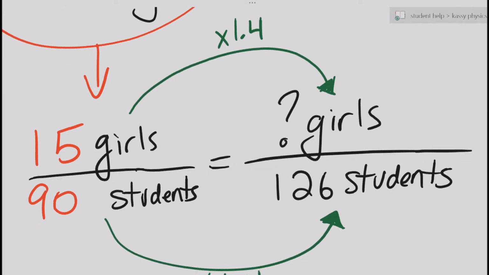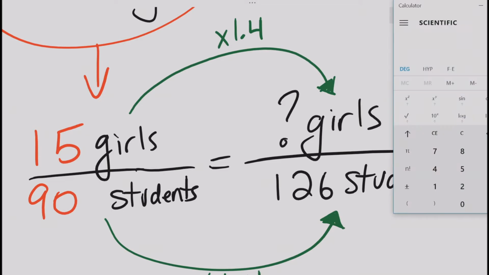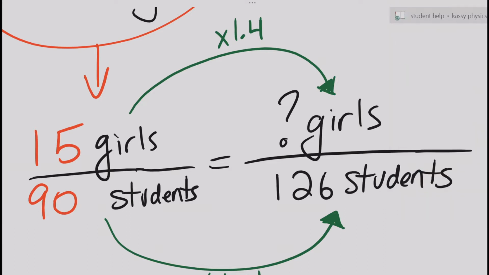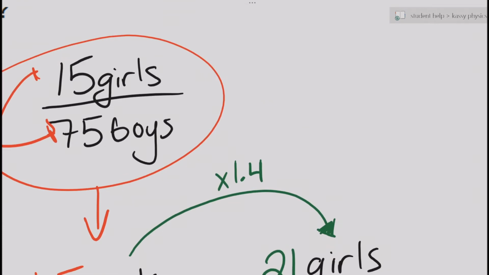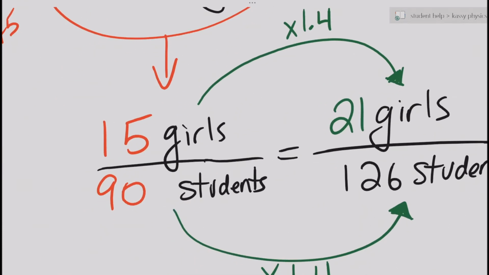And 15 times 1.4, well, just plug it into my calculator right now. Not being so great at my 1.4 times table, we get 21. So if there's 15 girls for every 75 boys, that means there's 15 girls for every 90 students.